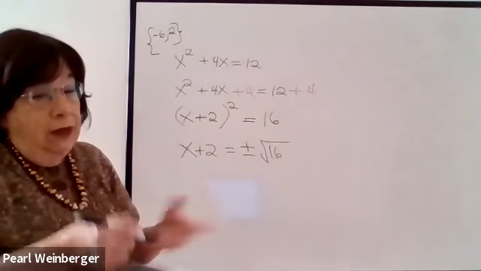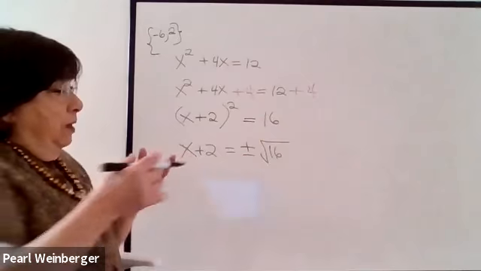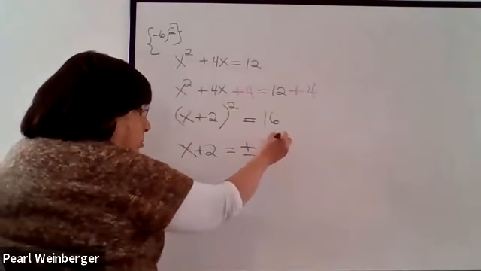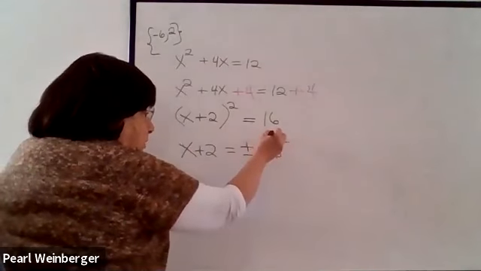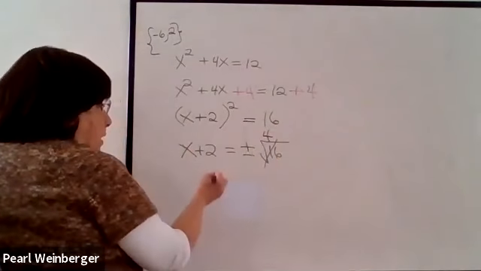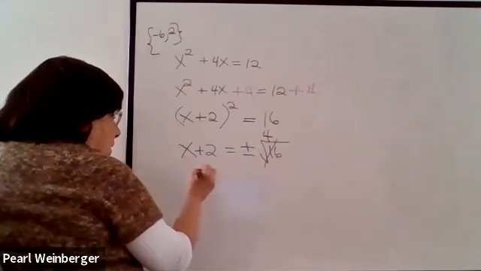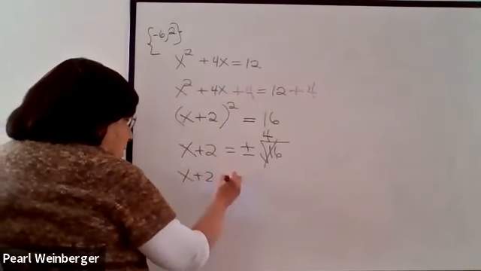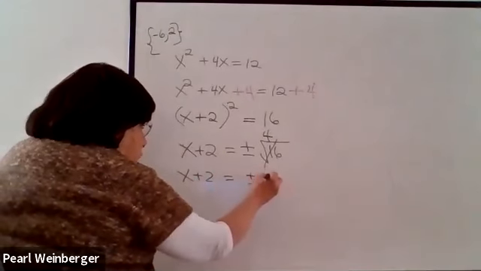I might only be able to simplify it. But whatever I can do with it, I do. In this case, I'm simplifying this to the square root of 16, which is 4. So my answer comes out to be x plus 2 equals plus or minus 4.